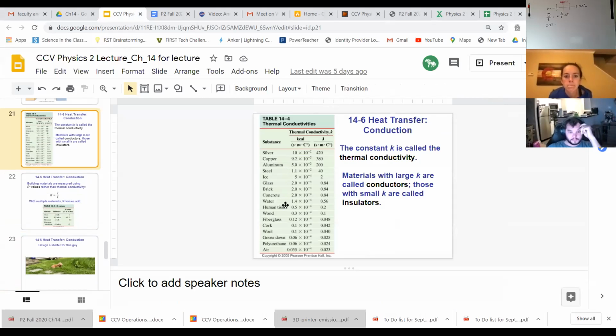And as we go to take a look, we're talking about human tissue, and we want to be careful about the choice of units. So this is joules per second meter degrees C, kind of weird, but it's 0.2, which is not a very good insulator. So I'm not going to say anything about trying to insulate a home with human tissue, but it wouldn't be good. So 0.2.